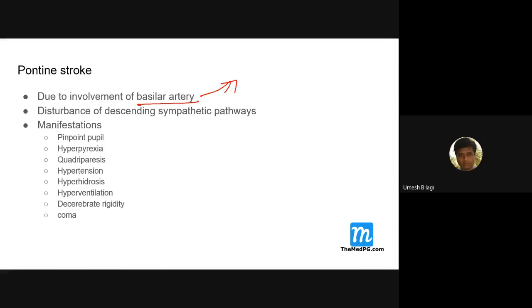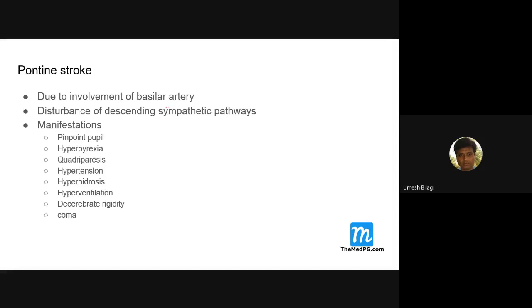Yes, they join and form the basilar artery, which runs on the below surface of the pons and supplies the pons from the inferior and ventral aspect. Disturbance of descending sympathetic pathways can cause hypertension, hyperhidrosis, hyperventilation, decerebrate coma, and all that, because of involvement of sympathetic pathways there.